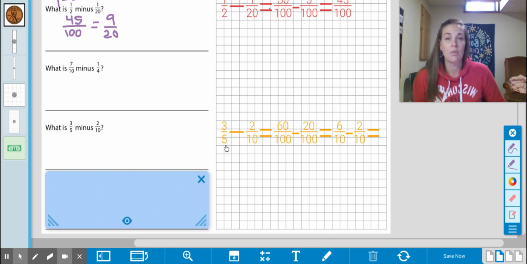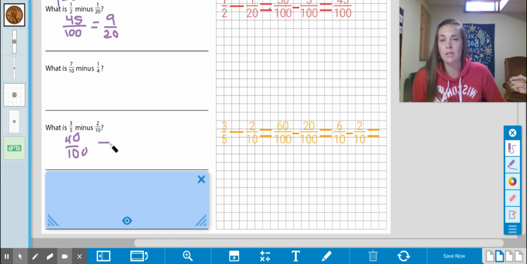If I rewrite my fifths as a denominator of 10, I have 6/10, right? Because we said that this was 60 cents, and 60 cents is the same as 6 dimes. So when I come up with my answer, I can say that I have 40 hundredths, or I can say that I have 4 tenths. So both of those answers would work.